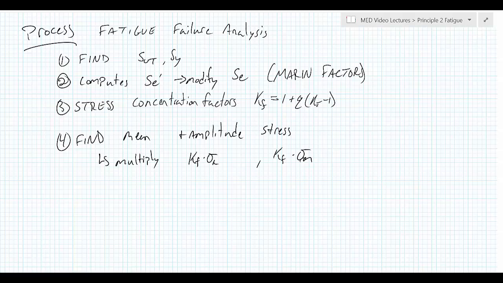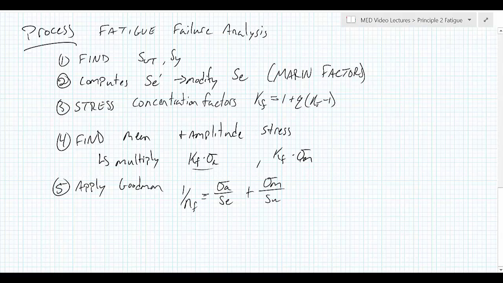From there, we can apply our Goodman equation, or the ASME elliptic if you prefer, as 1 over NF equals this combined thing here. For consistency, I'll just call it sigma A over SE plus sigma M over SUT.